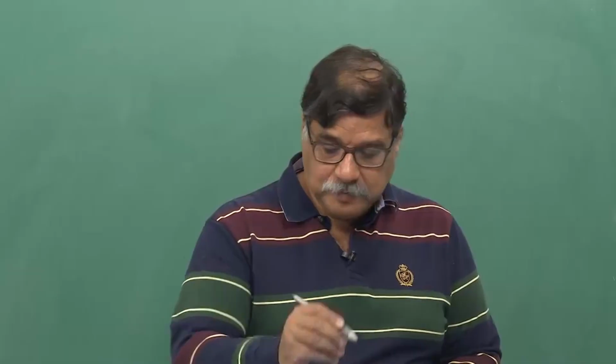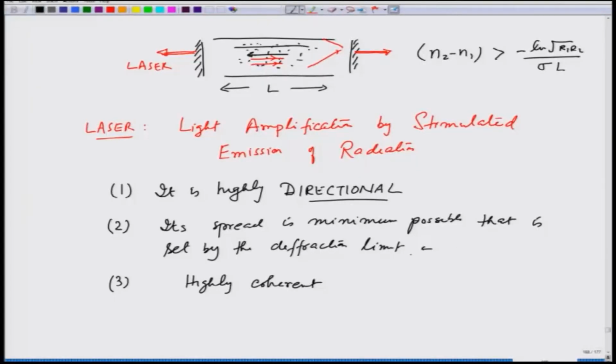Let me just mention what is this diffraction limit. This is given by theta equals lambda over d. This is the minimum limit, where d is the aperture size, lambda is the wavelength, and theta is the spread angle.